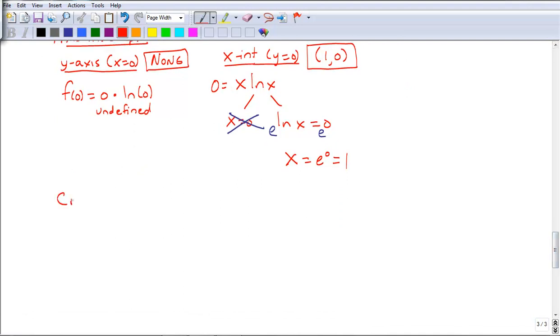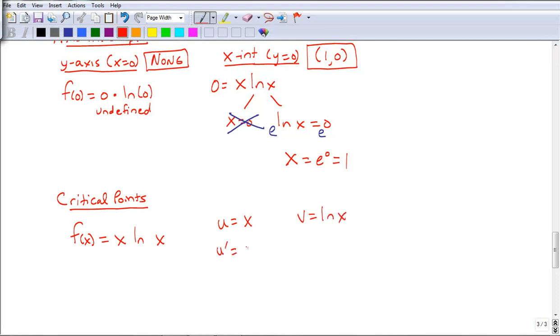Well, now I can look for critical points by looking at the first derivative. So I take the derivative. Remember, my original function is x ln of x. If I want to take the derivative, I have to use the product rule because I'm multiplying two functions of x together.